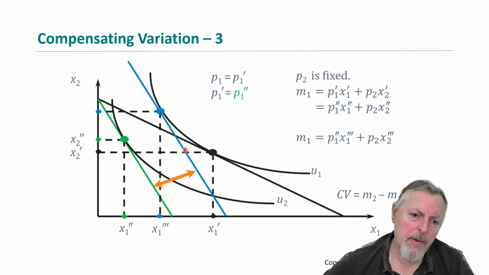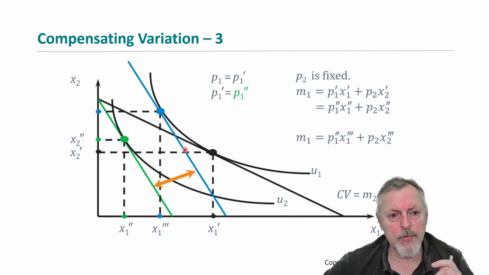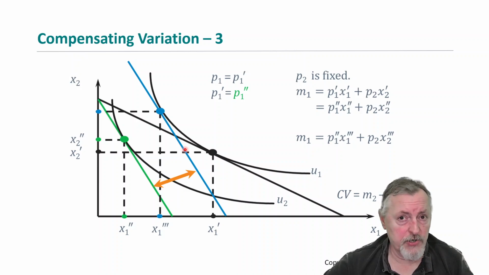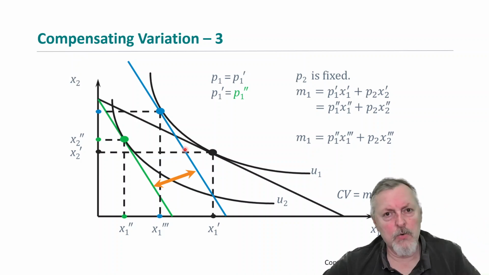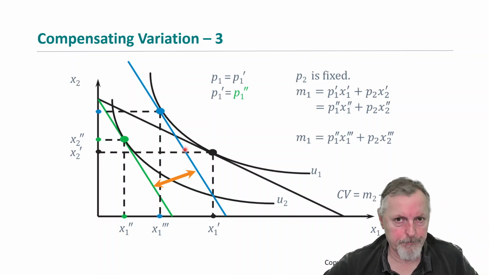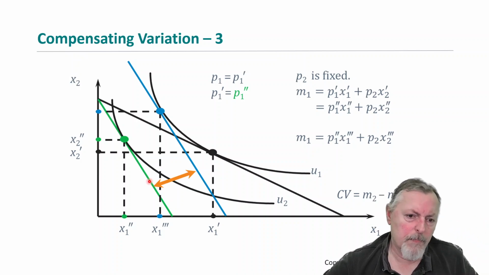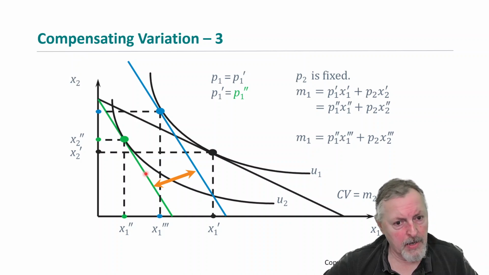Well, remember that for the budget line, the slope represents the price ratio. But how far in or out it is from the origin represents income. So, essentially, what we're asking is, at these new prices, so at this new slope of the budget line, how far out would I have to push it?